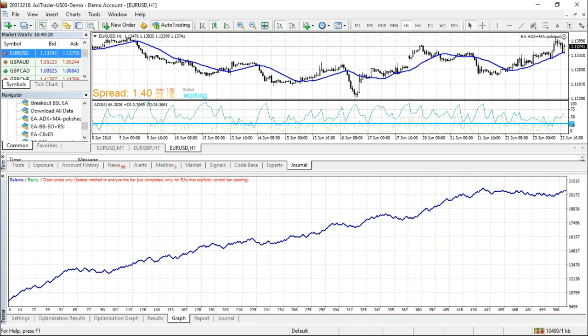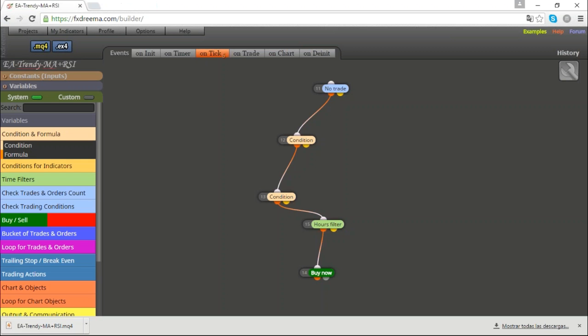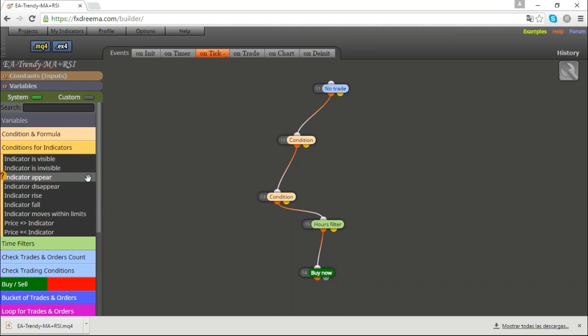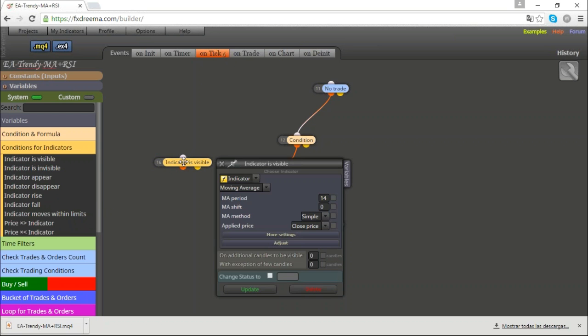You can create indicators if the question is going in this direction. You can create not only bots here, but also conditions for indicators, and you could put a visible indicator, for example green in an uptrend and red in a downtrend.